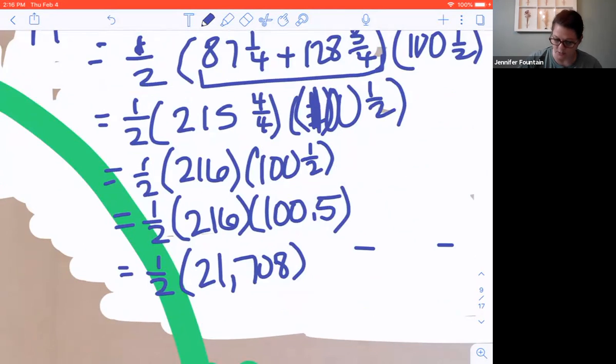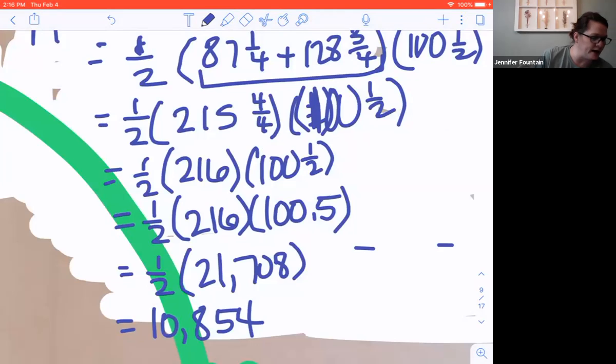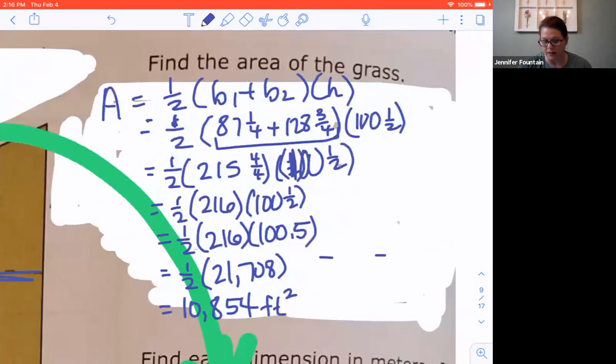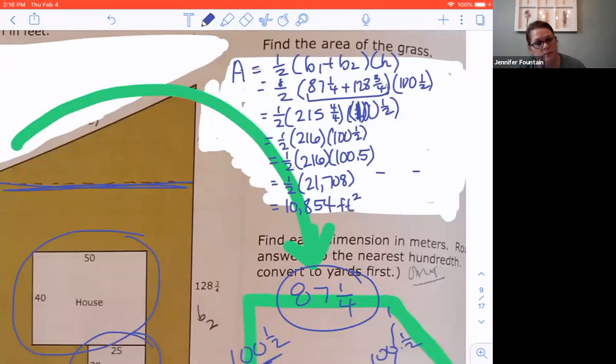And that is going to equal 10,854. And I think they said we're using feet, right? So 10,854 feet squared is my total area of my figure.